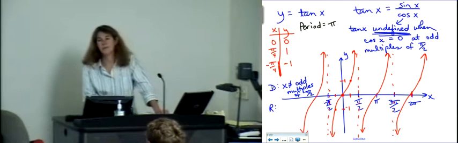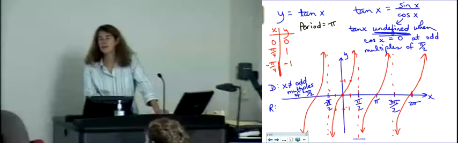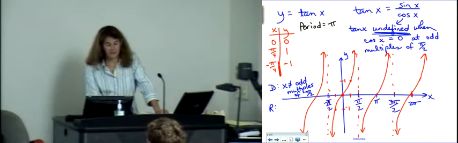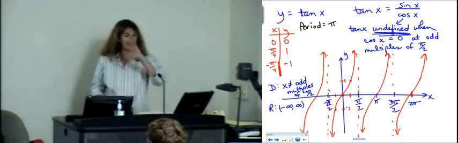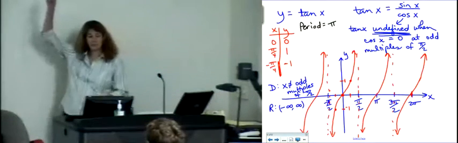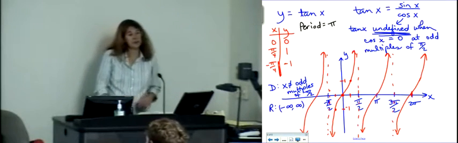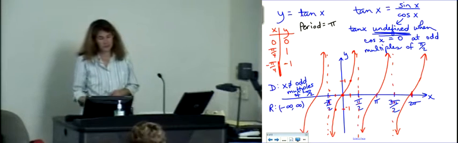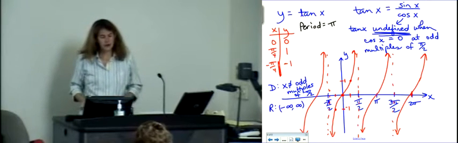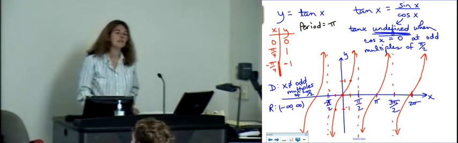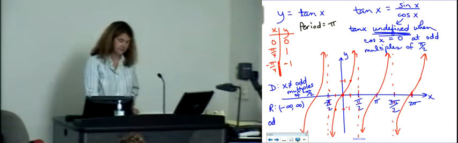What's the range here? It is all real, negative infinity to positive infinity. We're spanning all of that y-axis, the way the graph continues upwards and downwards. Even or odd? Odd. Good.